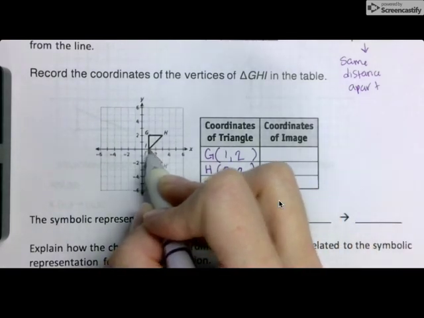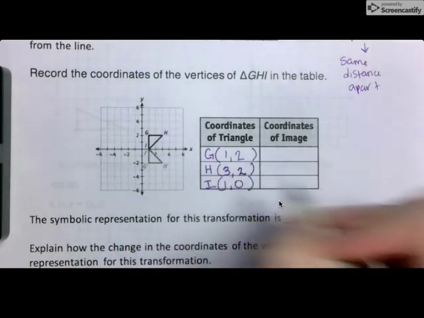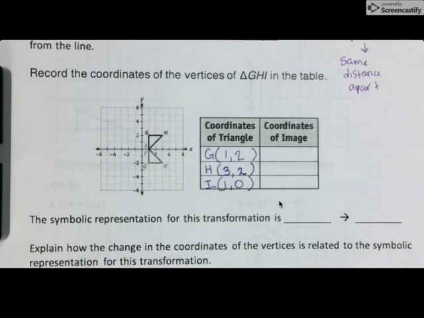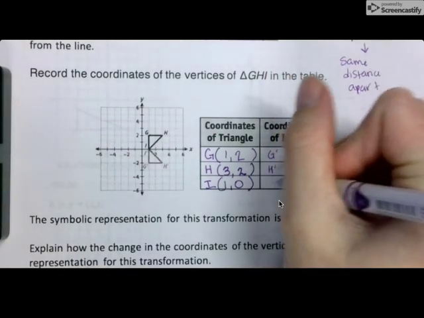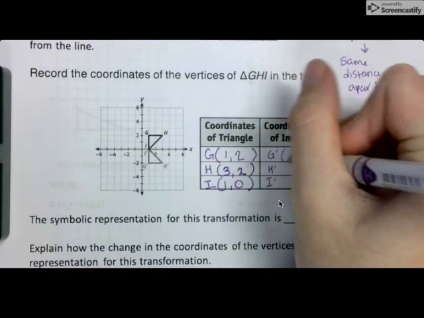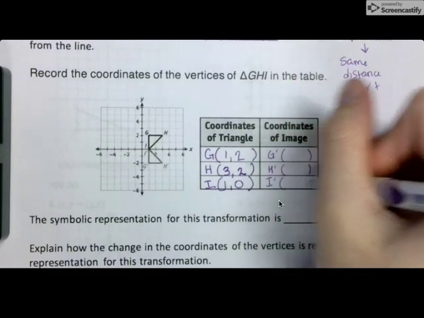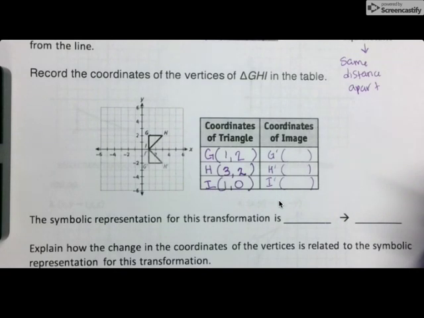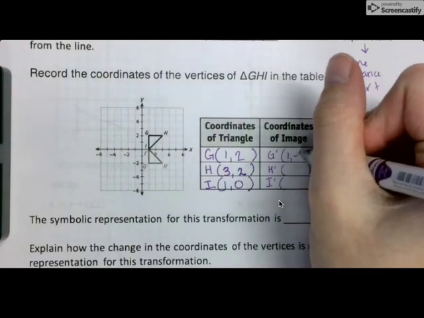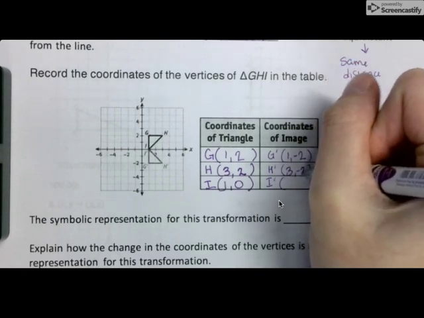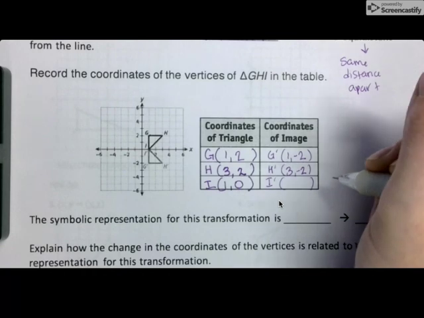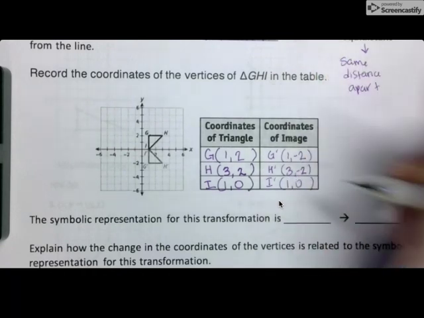And I is at +1, 0. So now we're going to write where these three coordinates ended up. G prime is at 1, -2. H prime is at 3, -2. I prime is at 1, 0. It didn't actually move.